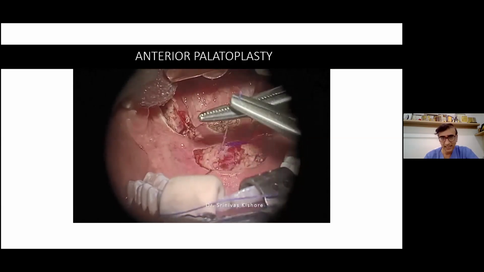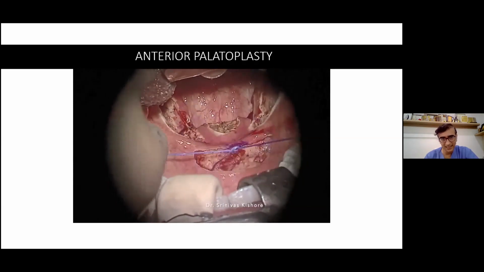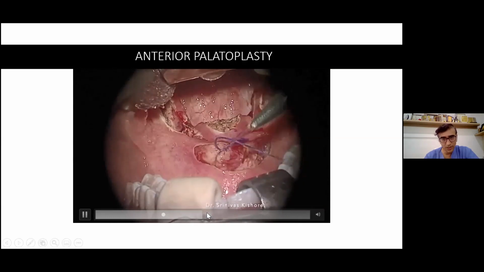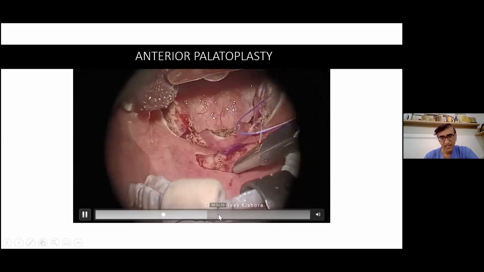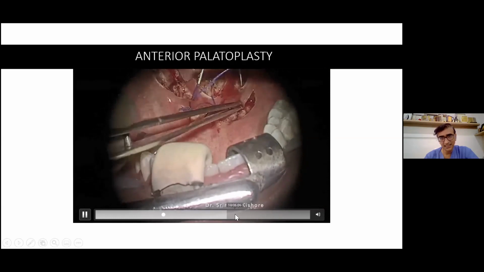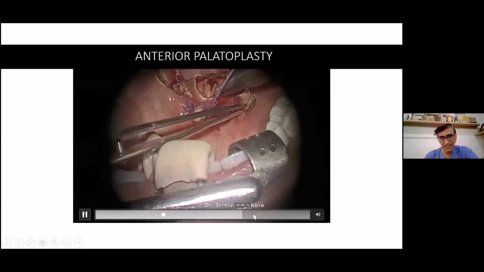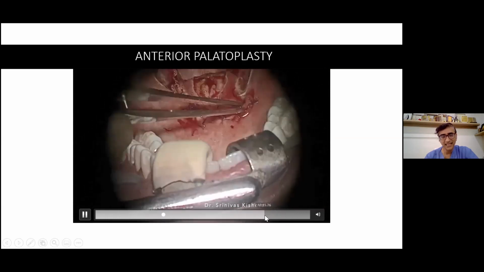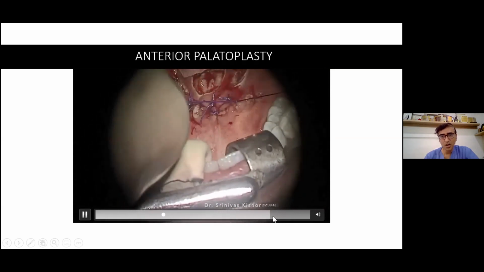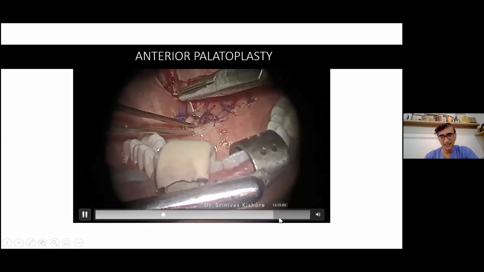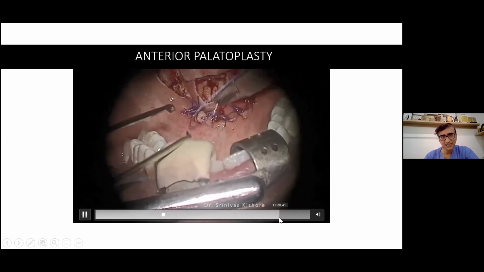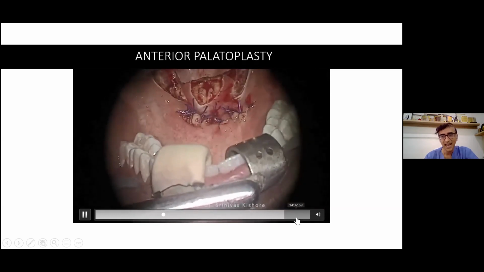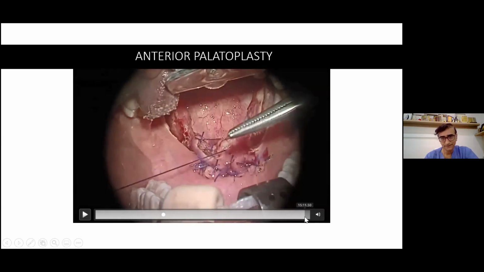Now I'm using regular 3-0 Vicryl, which is closed in layers, 2 layers to be very precise. Now this procedure can be done with barbed sutures. There are lots of papers out there. I think, as Filippo clearly said, barb is just another suture. It's again about the technique and what you want to achieve at the end of the procedure.